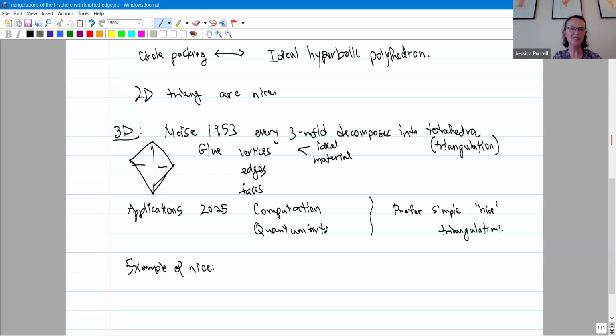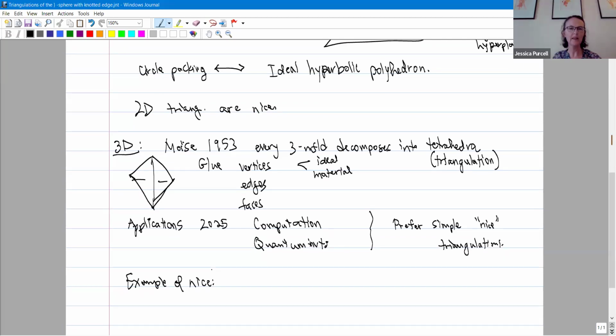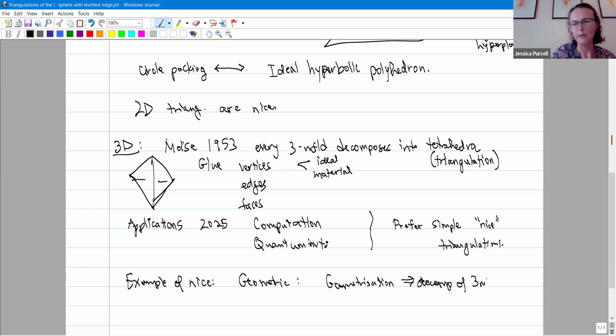Maybe since I was just talking about hyperbolic ideal polyhedra, let me just jump in and give a geometric definition. So we know, due to work of Thurston and Perelman, the geometrization theorem, that every three-manifold decomposes into one of eight 3D geometries.